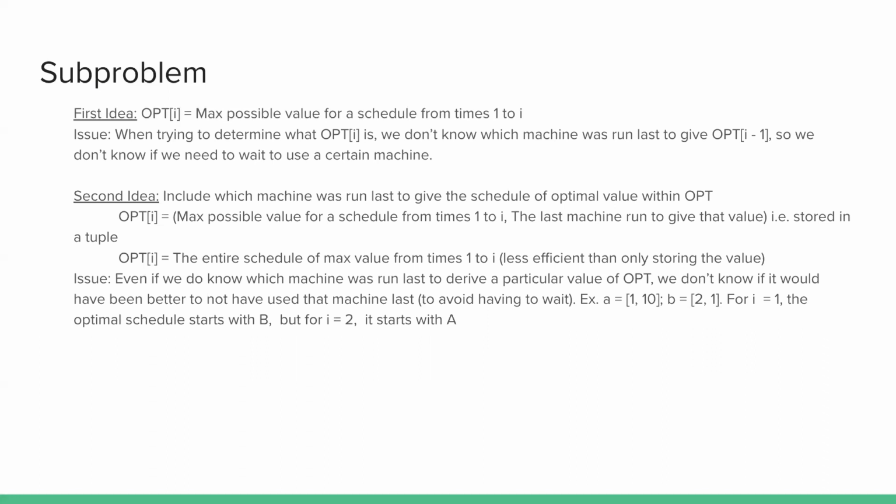For example, you could get machine B on the second time step that is not as good as machine A on the second time step, but on a future time step, you need to refer to the less optimal one, because it will actually become more optimal.